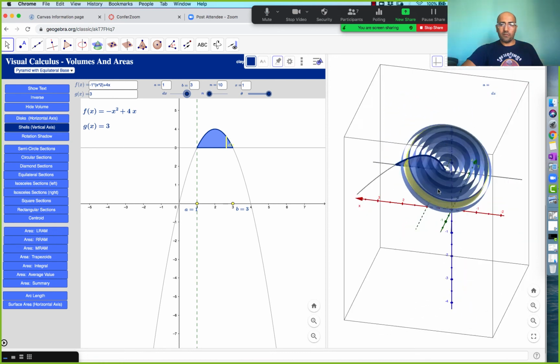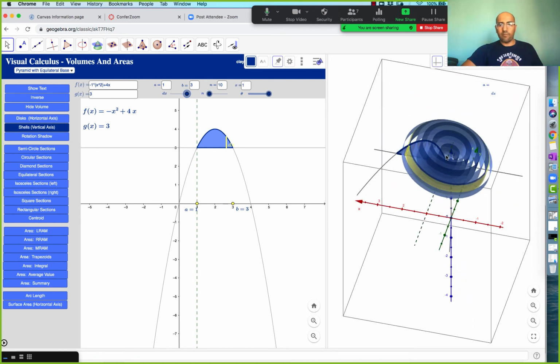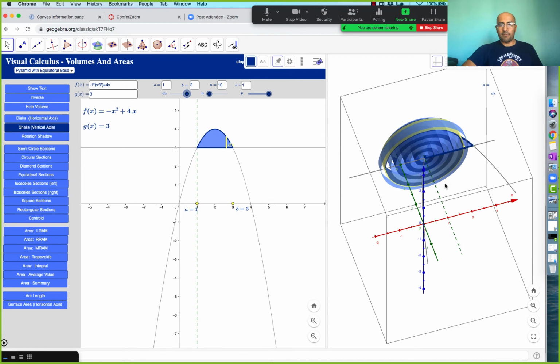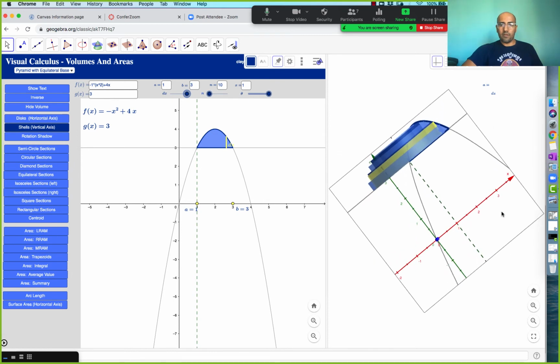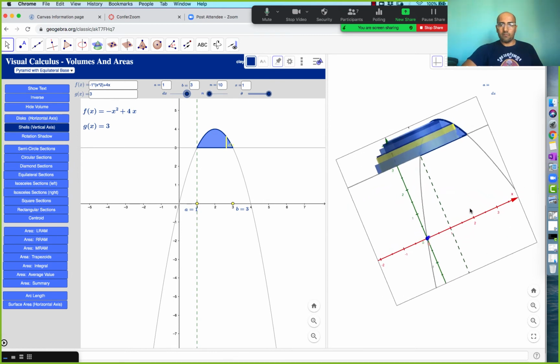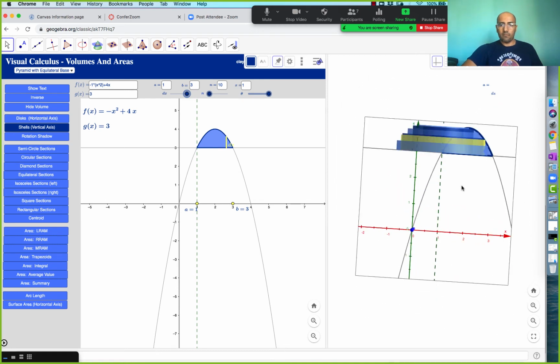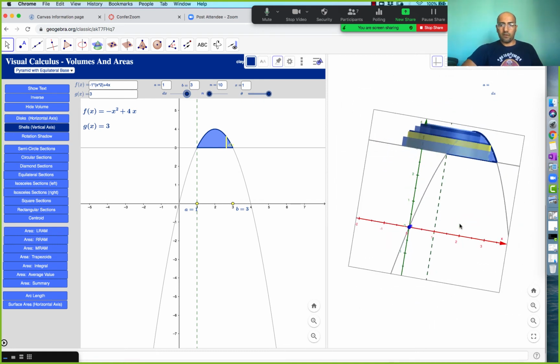We can do a better job of pointing out that the radius is the distance from there to there, which is the x-axis value, which is x minus the 1. Don't rotate anymore.